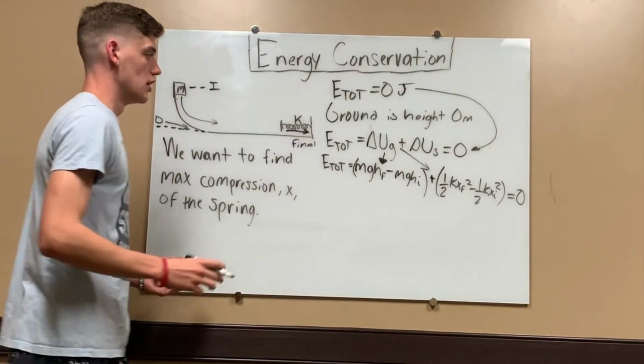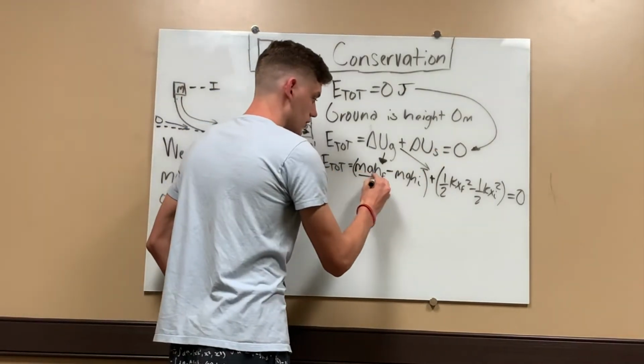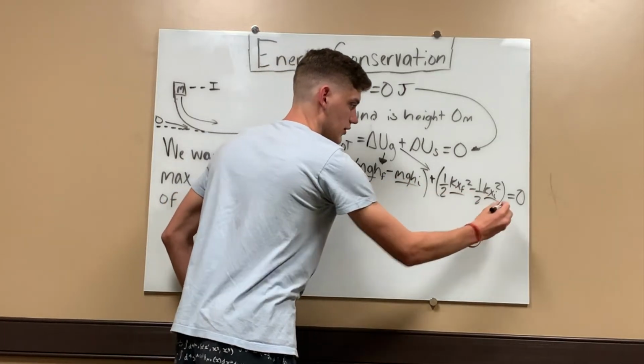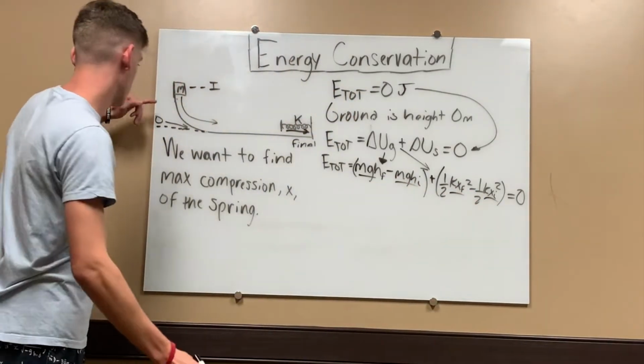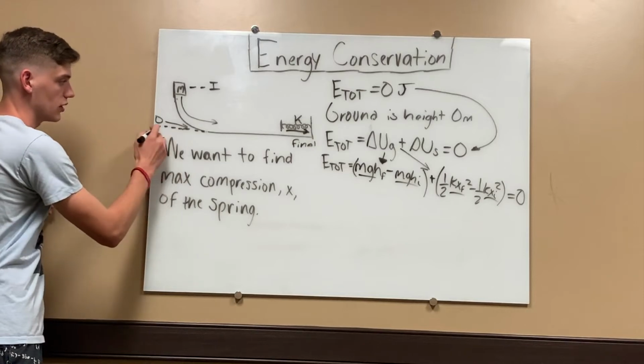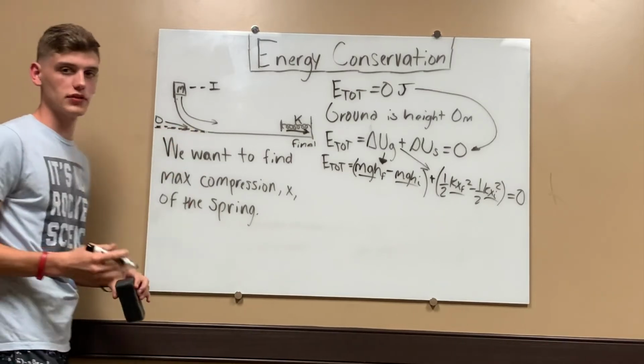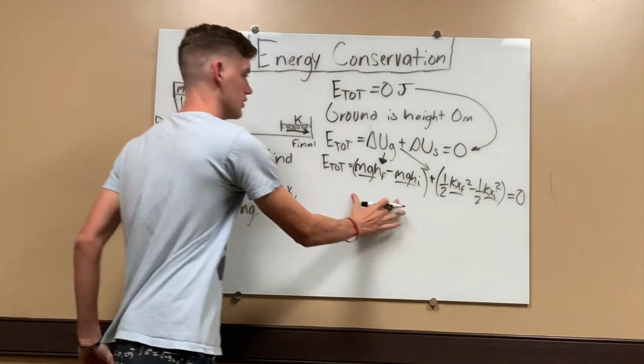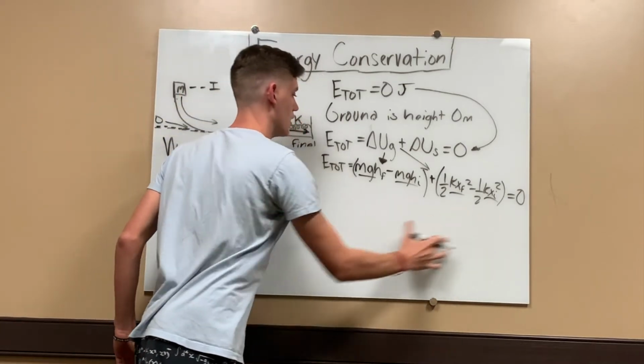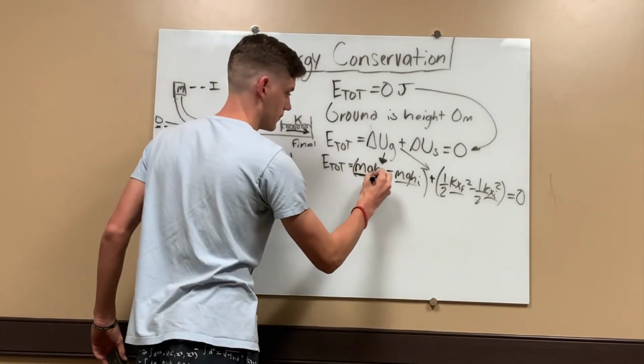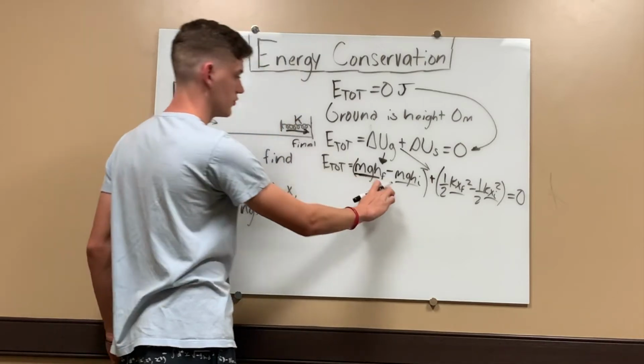Okay, so now we've analyzed the final and initial situations for both gravity and the spring. Now we're going to go through each of these and see which ones we can cancel out. Because when we define this height to be 0, we know that something in this equation has to be 0. So let's look at this first. We have mgh final.